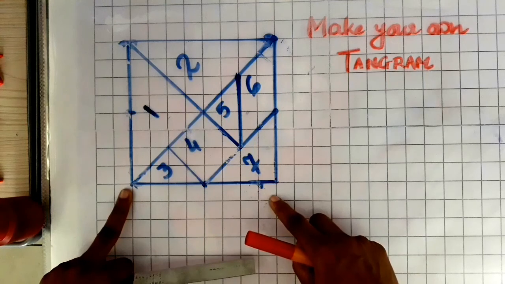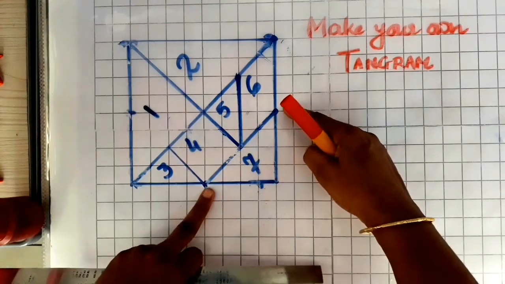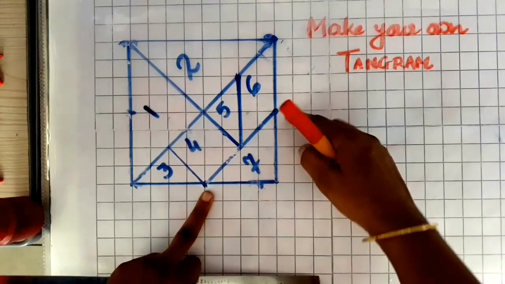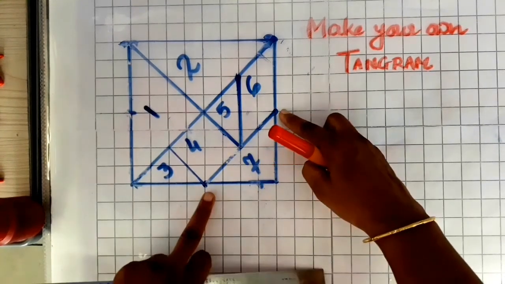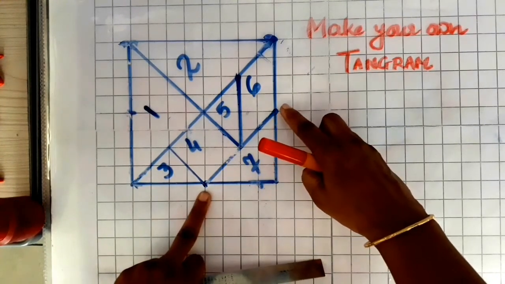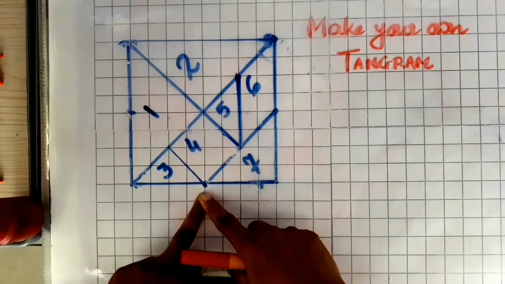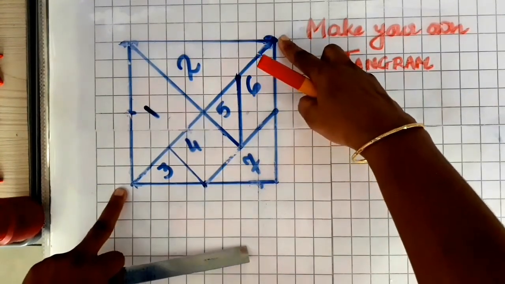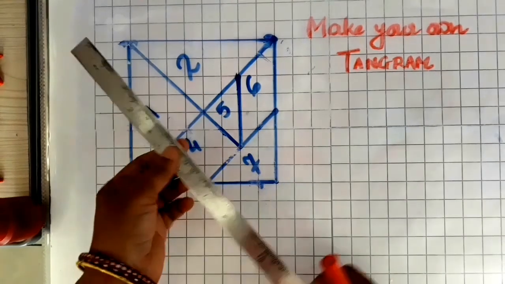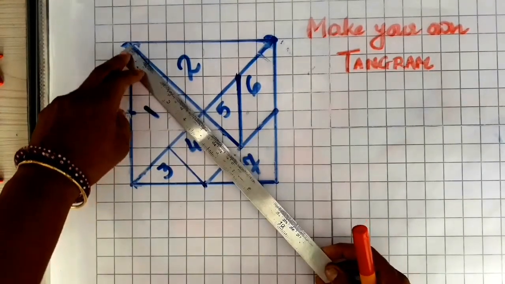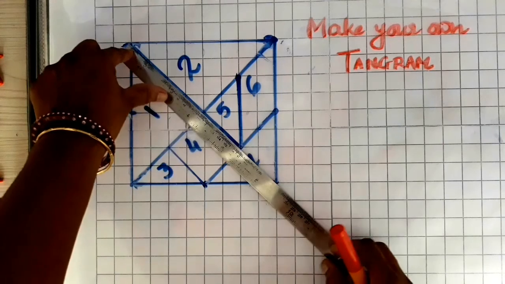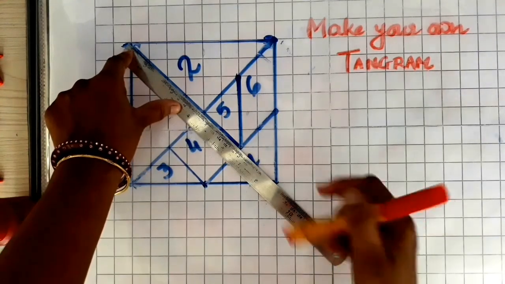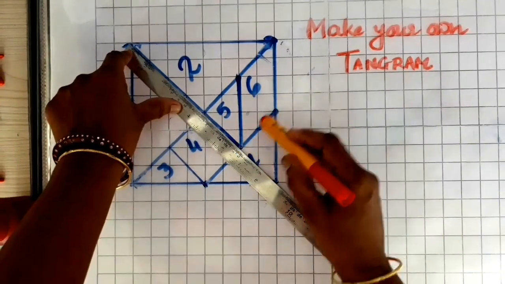Now find out the midpoint of two adjacent sides. So here 4 is the midpoint and here also. Fine. So join these two, then join one of the diagonals here. Now arrange your scale joining the other diagonal, but extend it up to this part only.